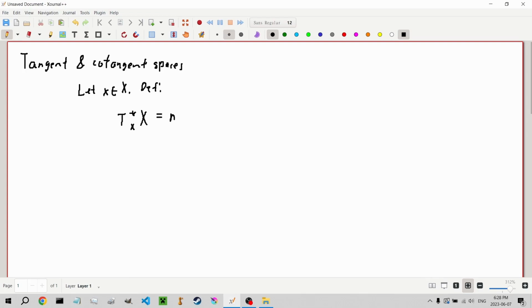This is the maximal ideal generated by x over its square. Keep in mind that this maximal ideal is of the local ring. It's essentially just the analytic functions which have no constant term locally.